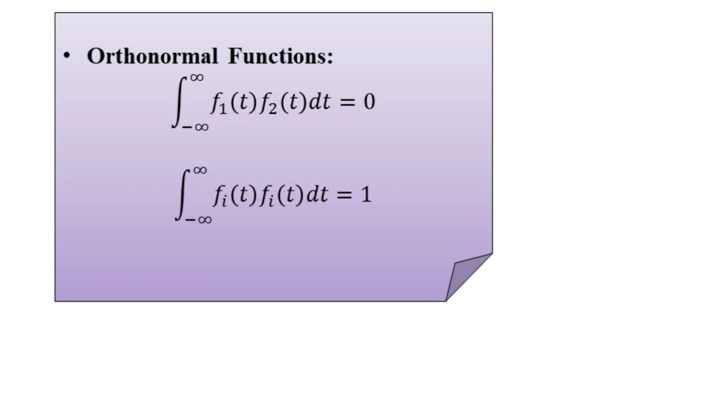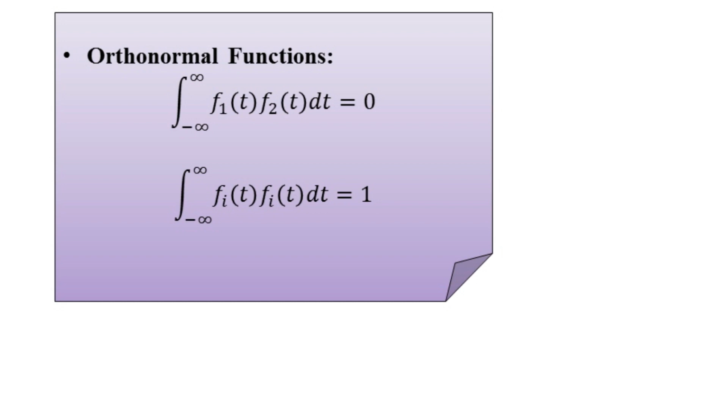These are said to be orthonormal if and only if they satisfy, first of all, the orthogonality condition, that is the integral from minus infinity to infinity of the product f1 of t and f2 of t dt is equal to 0, and then the integral from minus infinity to infinity of fi of t times fi of t dt is equal to 1 for i equal to 1 and 2. Then we can say that these two functions are orthonormal functions.